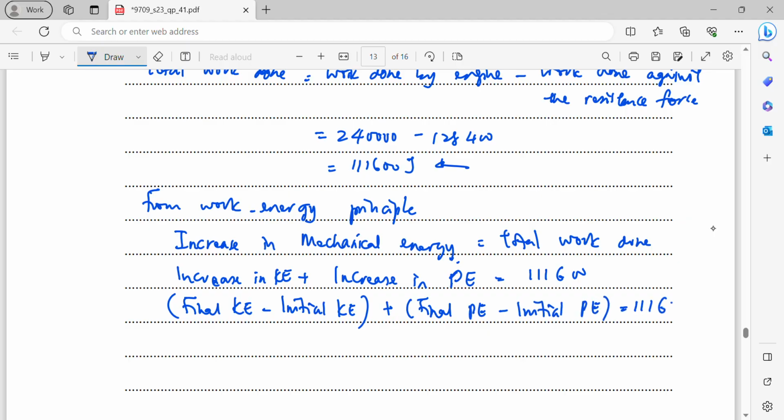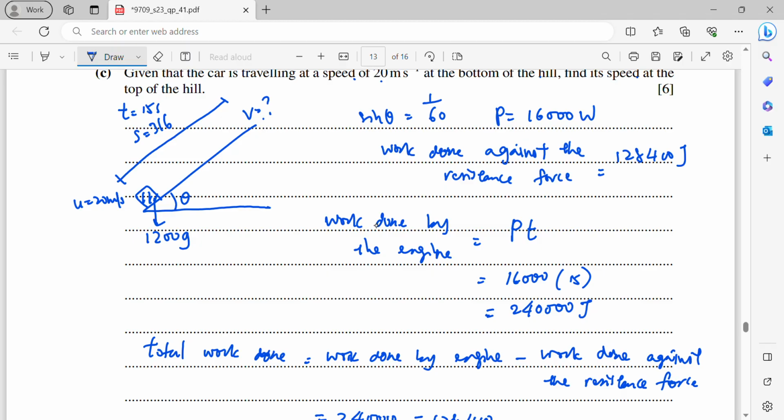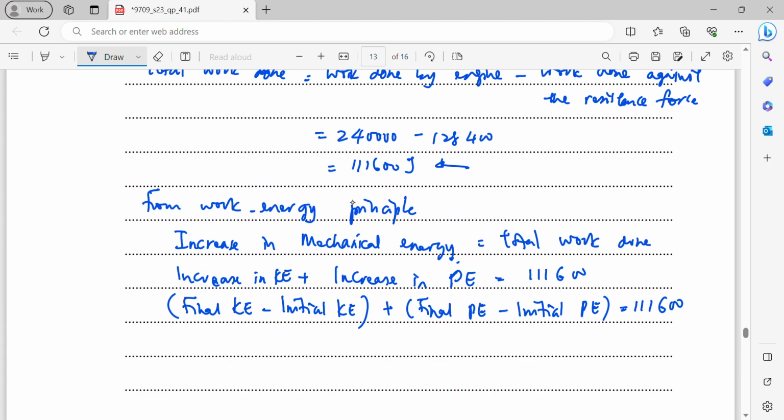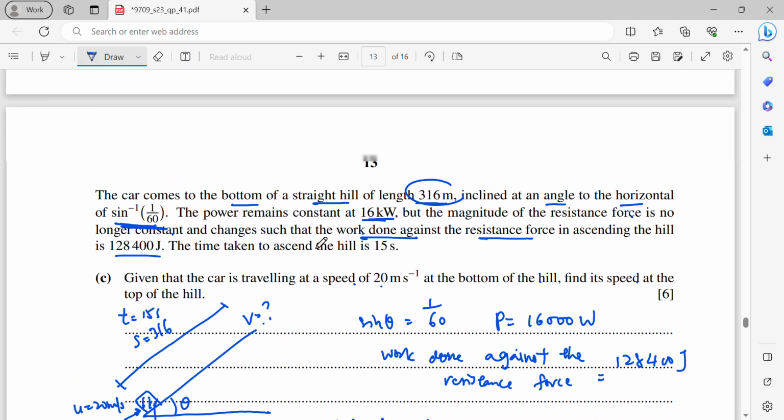equals 111,600. Okay, so now final KE will be half mv squared because I let the final speed be v, minus initial KE, which will be half mu squared. Then plus this is mgh minus another mgh. But you have to remember that initial PE at first here will be 0 because the height will be 0.